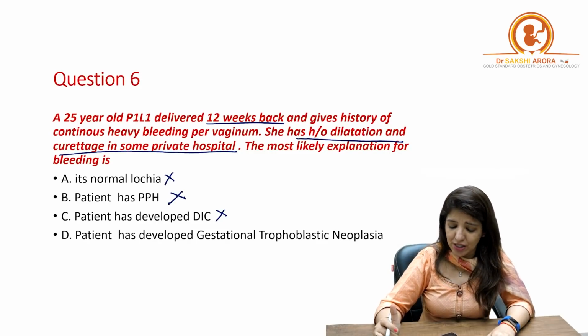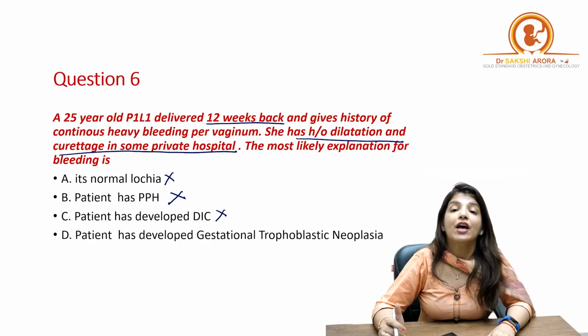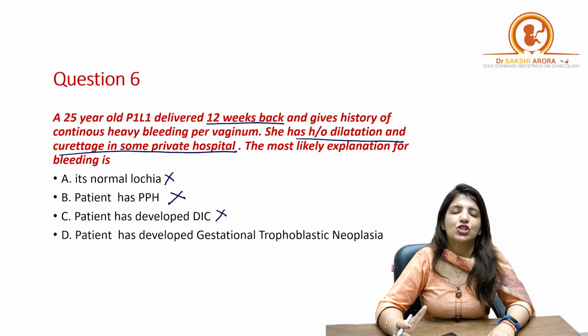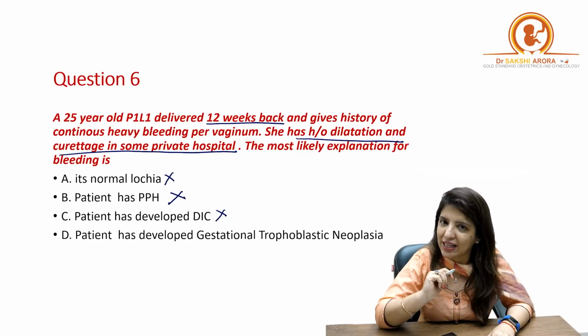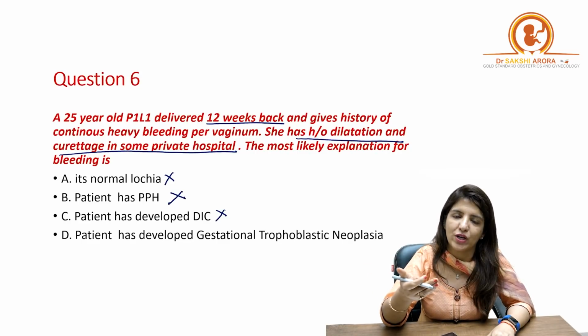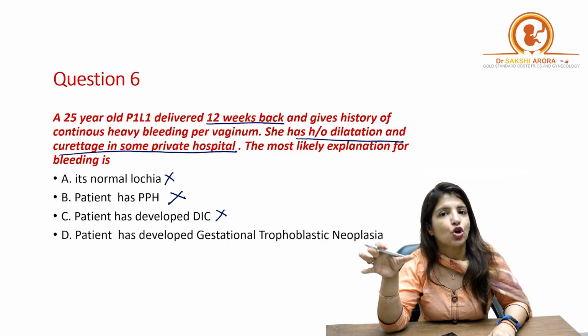Option D is the patient has developed gestational trophoblastic neoplasia. Yes. Most of the time gestational trophoblastic neoplasias develop after molar pregnancy, and that is why after H-mole evacuation we do a follow-up with beta HCG levels, right? That's the most common.